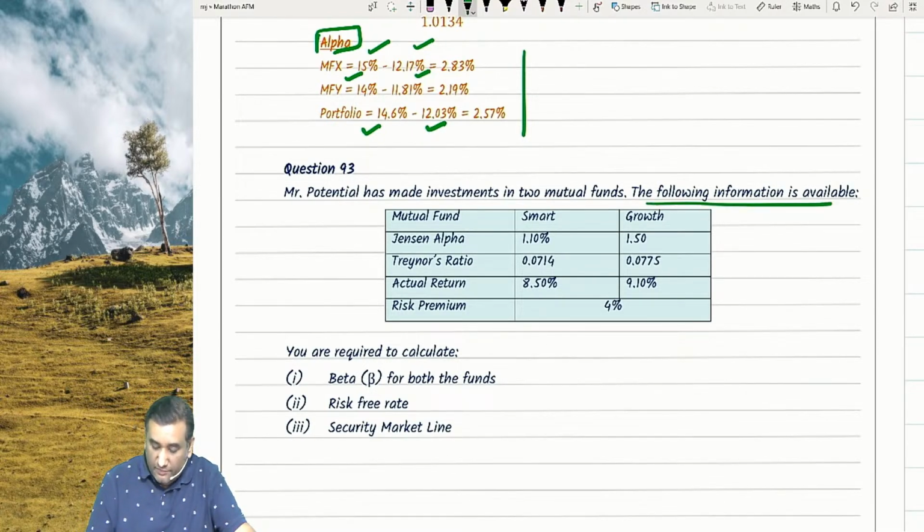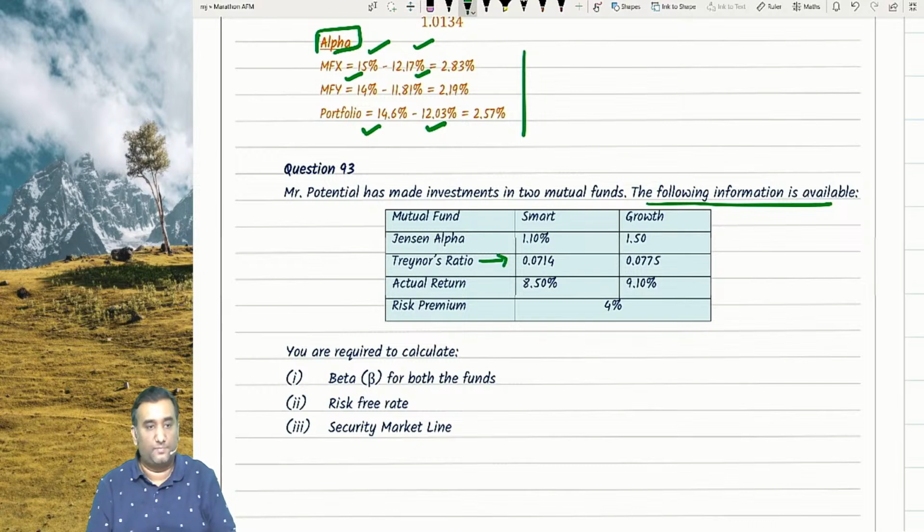Following information is available. Mutual fund Treynor ratio, I told you, is actually 7.14 if you try to put. Pick up the smart and try for him. 93rd question.